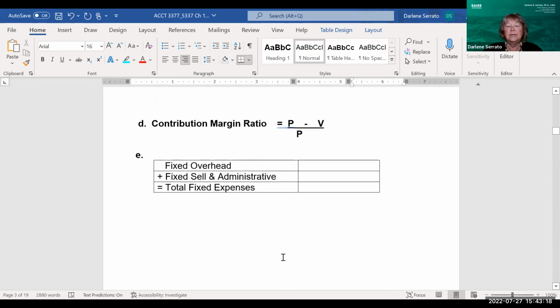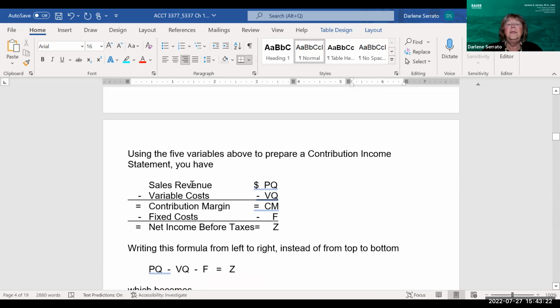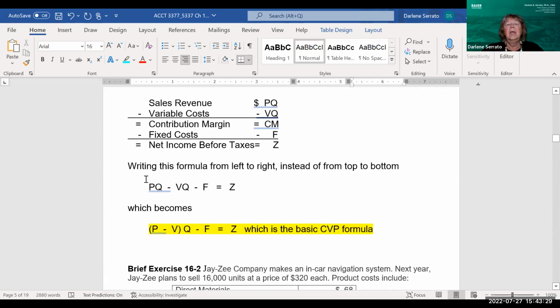You can plug those numbers in. So this is the contribution format income statement we just did, written left to right instead of top to bottom. Q is common to both of these first numbers, so I'm pulling it out because I want every one of the 5 variables by itself.